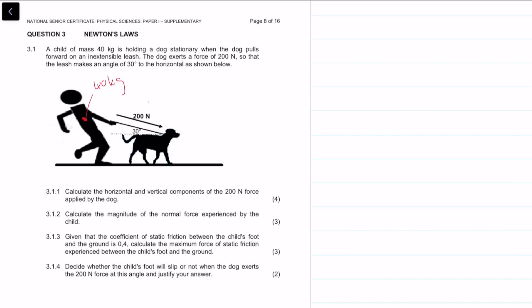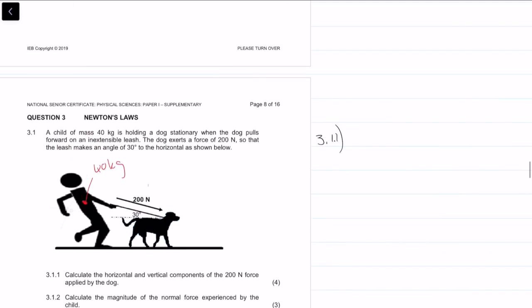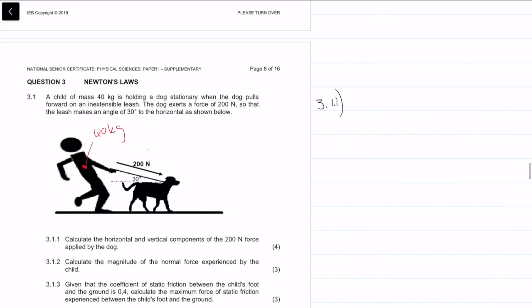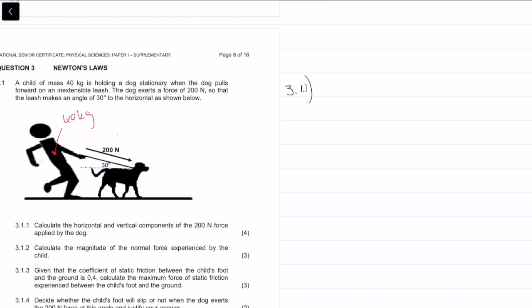Okay, so we can do the first question, 3.1.1. It says, calculate the horizontal and vertical components of the 200 Newton force applied by the dog. Okay, cool. So I'm going to start off by drawing a little diagram of what's happening here. So that's the dog. And we have this force at this angle.